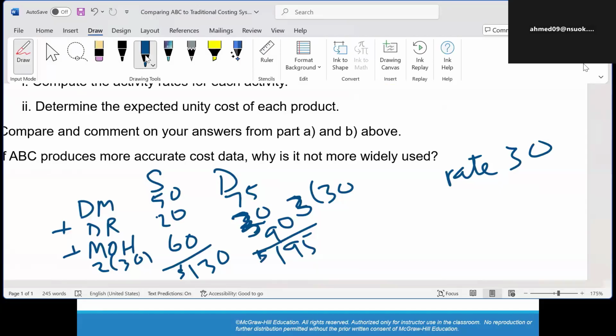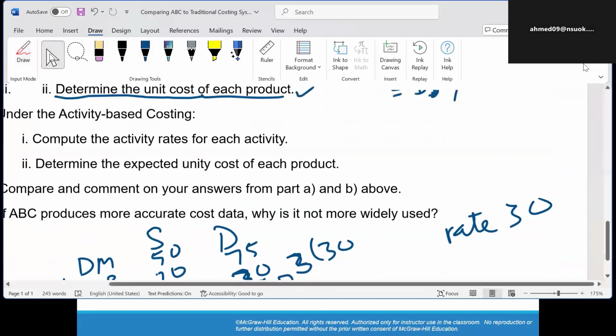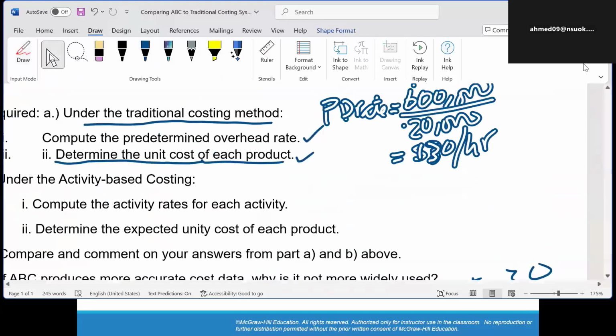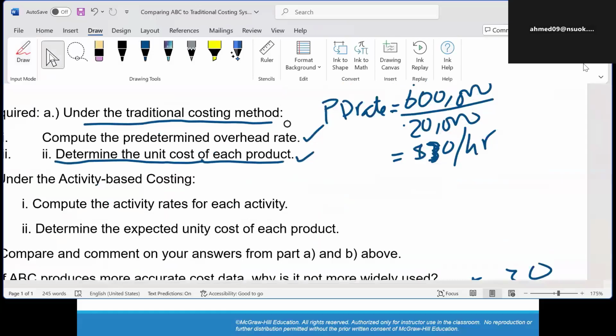So we calculated the first part. We calculated the predetermined rate and determined the unit cost of each product, so we've done it under the traditional method. So let's do it under the ABC. What do we need to do under the ABC?